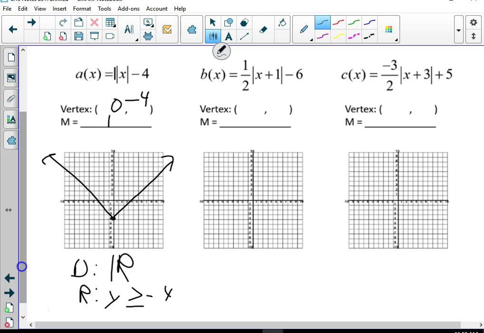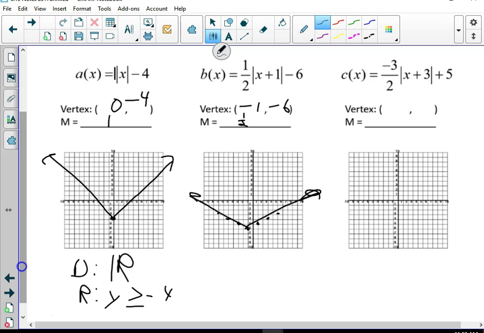What's my vertex on the next one? -1. Careful, -1, -6 with a slope of 1/2, which means up 1, right 2. So we're going to go to -1, -6 down here. We go up 1, right 2, and up 1, left 2, and just do this for a few more.